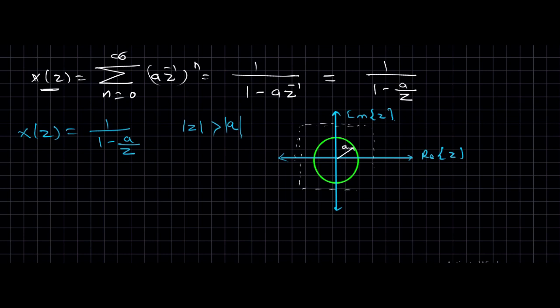The given sequence converges, so this is the region of convergence, outside of this circle. We can show this as the ROC, for mod of z greater than mod of a, is the region of convergence.